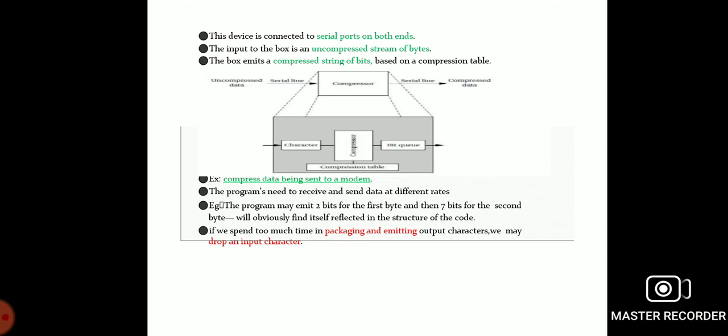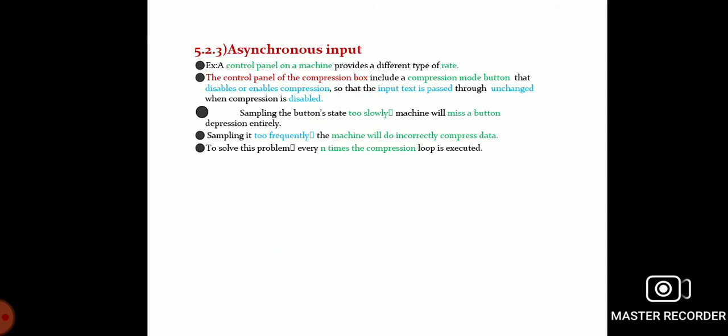Now, what is an asynchronous input? For example, a control panel on a machine provides a different type of rate. The control panel of the compression box includes a compression mode button that disables or enables the compression, so that the input text is passed through unchanged when compression is disabled.